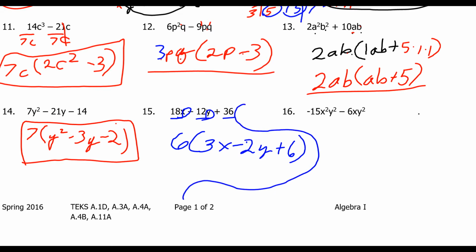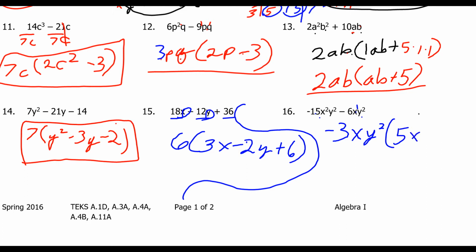All right, now whenever we have numbers like number 16, okay, what we need to do is go ahead and pull out a negative. So we're going to pull out a negative, a number that goes into both of these evenly, we're going to go with a negative 3. All right? And then we got an x in both of those. The smallest exponent for those x's is 1. So we pull out an x. And then y squared. All right? Now, negative 3 goes into negative 15 5 times.